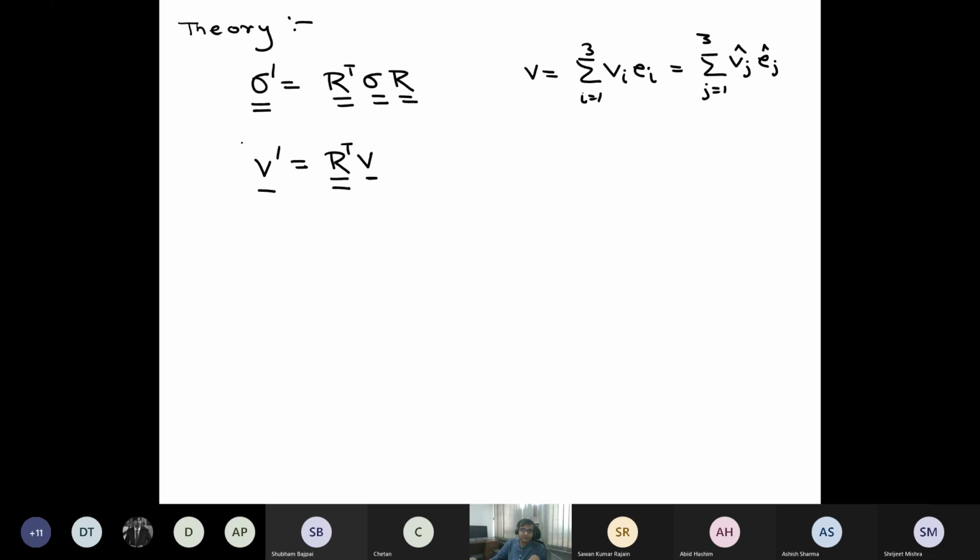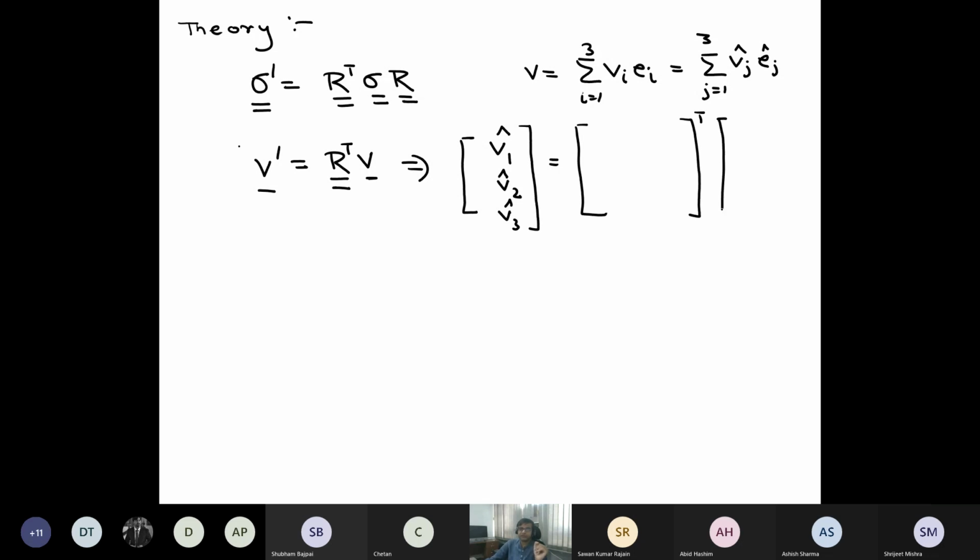This transformation, if I write it in matrix form, is giving me, let me write it properly: v1 hat, v2 hat, v3 hat is equal to your rotational tensor transpose times v1, v2, v3. So this is what it is.